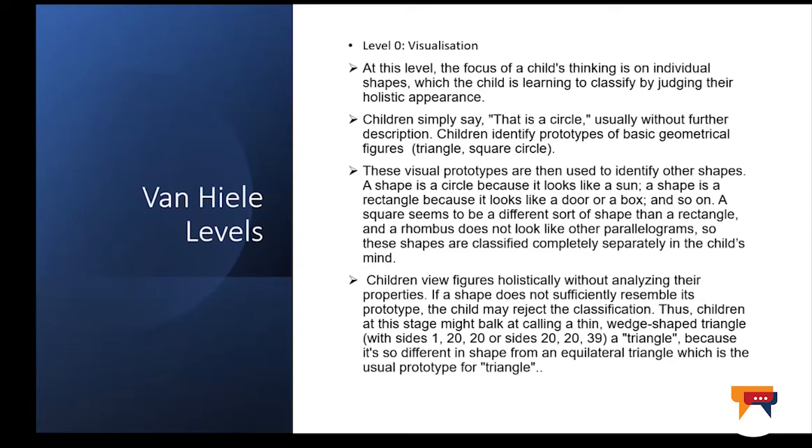Children view figures holistically without analyzing their properties. If a shape does not sufficiently represent its prototype, the child might reject the classification. Thus, children at this stage might balk at calling a thin wedge-shaped figure a triangle because it is so different in shape from an equilateral triangle, which is the usual prototype of a triangle.